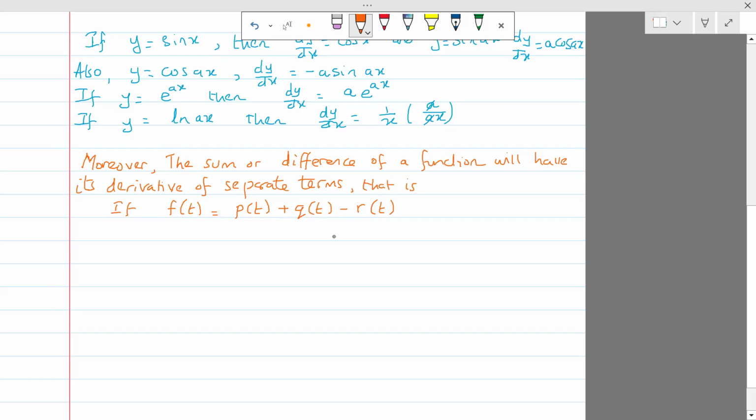So all these are different functions. They are sums and differences. Then f dash of t will be equal to the derivative of the separate terms. This is also another way of writing. I can write it like this. This dash notation stands for derivative.